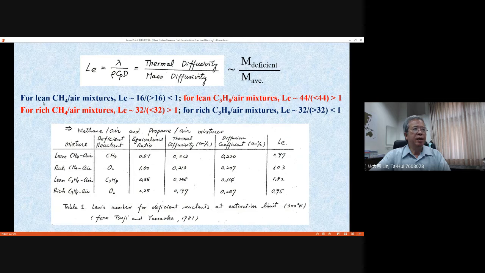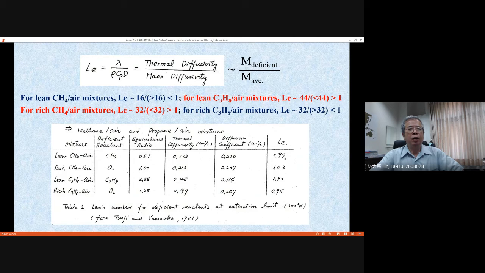For the lean cases, methane air and propane air give you just opposite estimations of the Lewis number value. For lean methane, the Lewis number is less than 1, but for lean propane, the Lewis number is larger than 1. Okay, we check it. Lean propane here, the equivalence ratio is equal to 0.55, and the Lewis number is around 1.82, larger than 1.